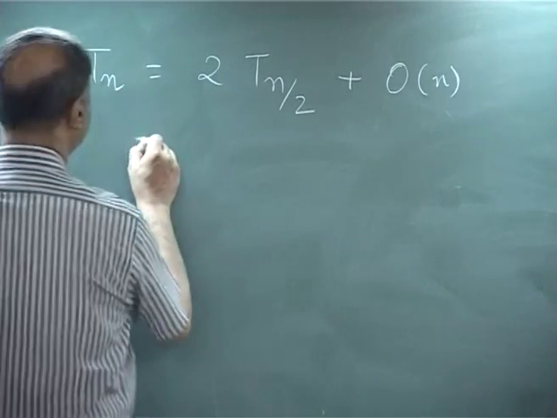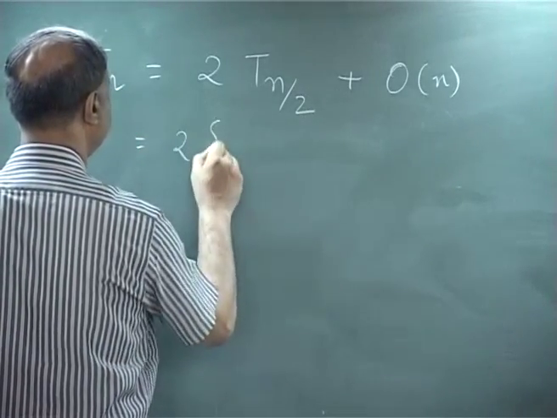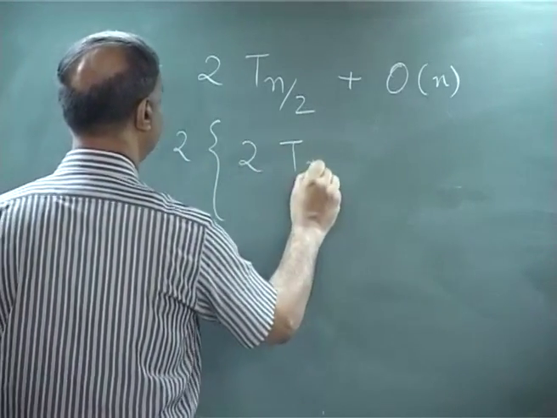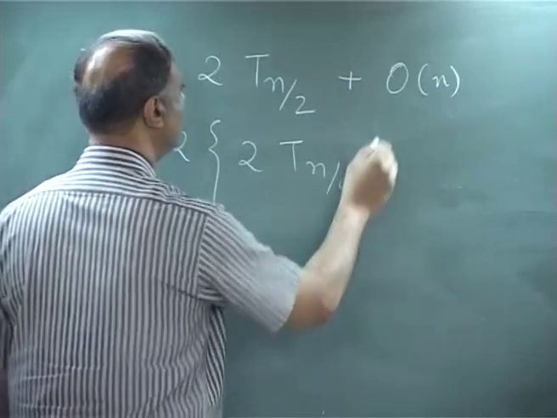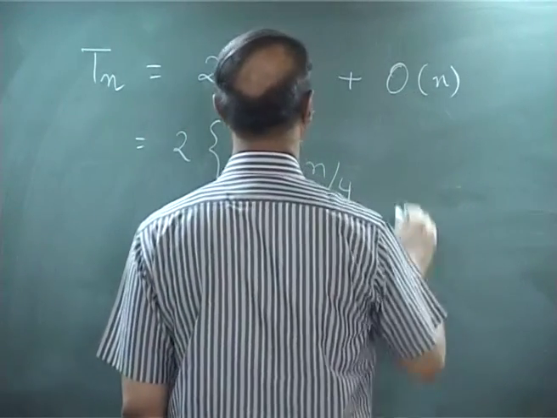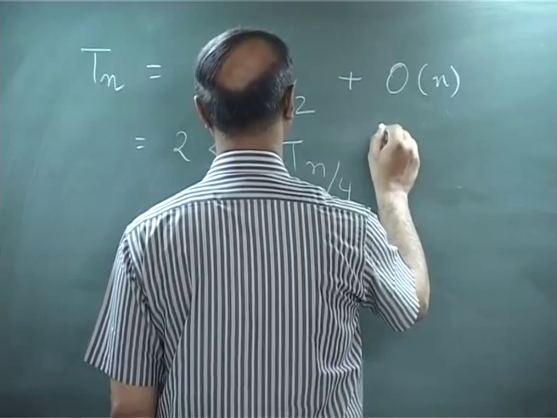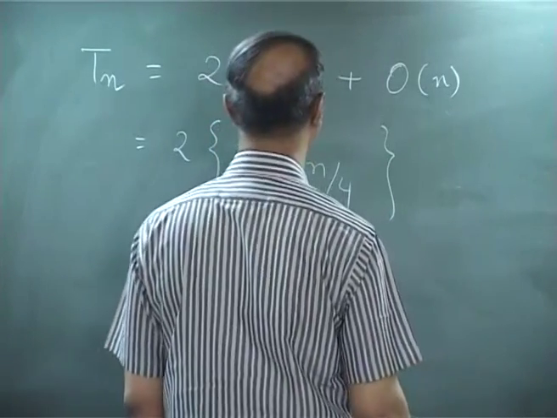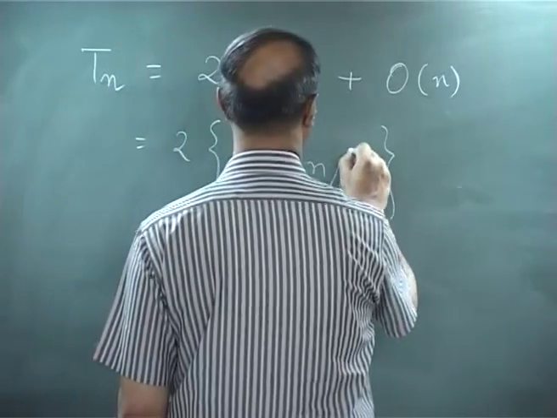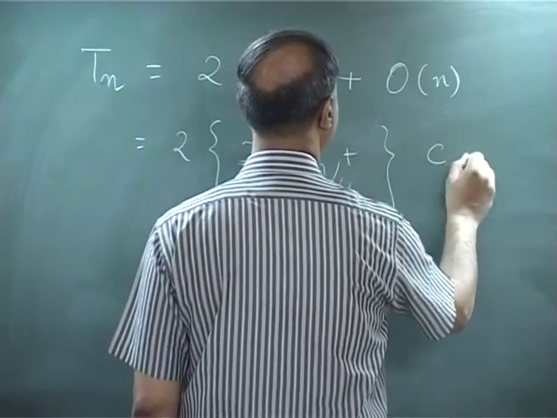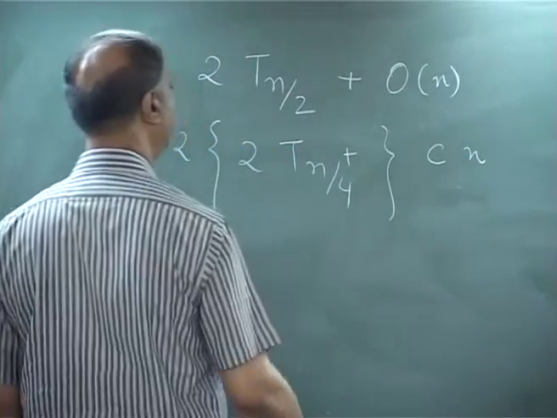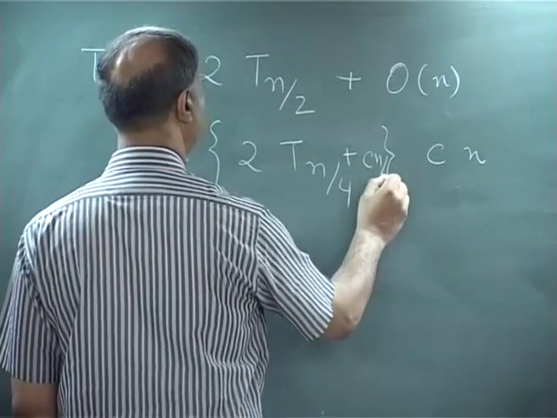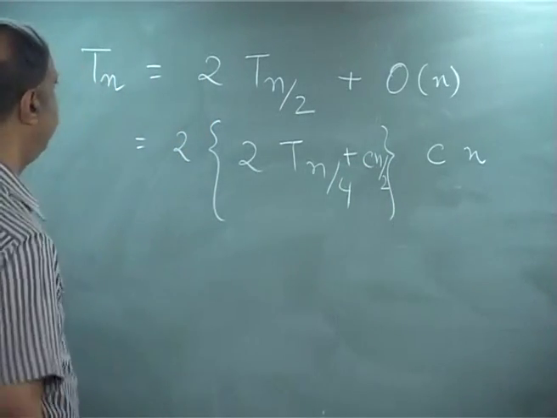What is the complexity now? It's coming 2 times Tn by 4. So let me write order n as Cn. You can write Cn here, and here I write Cn by 2. Agreed?